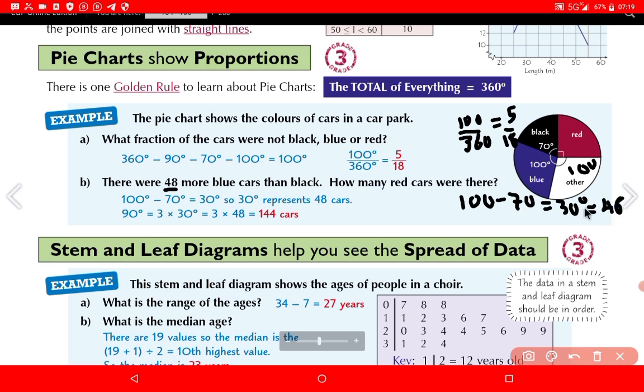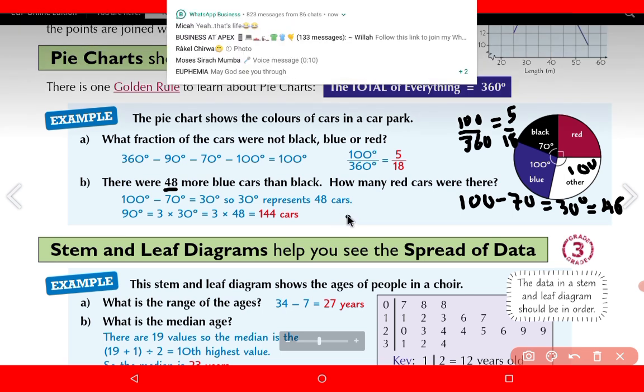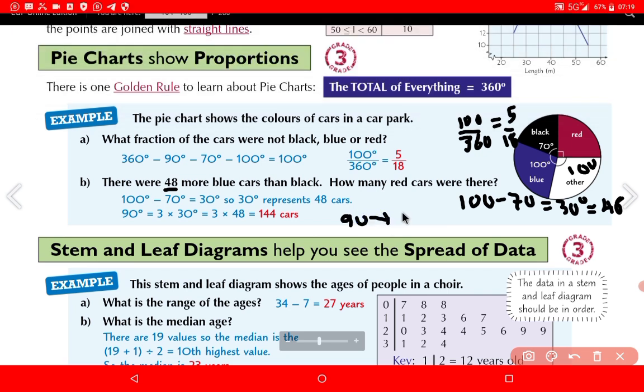Then it says how many red cars were there? Since for red you've got 90 degrees, you don't know how many cars there are for red, but all you can see is that 30 degrees will give us 48 cars.